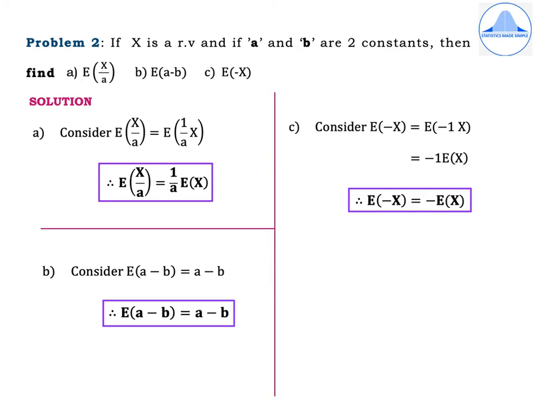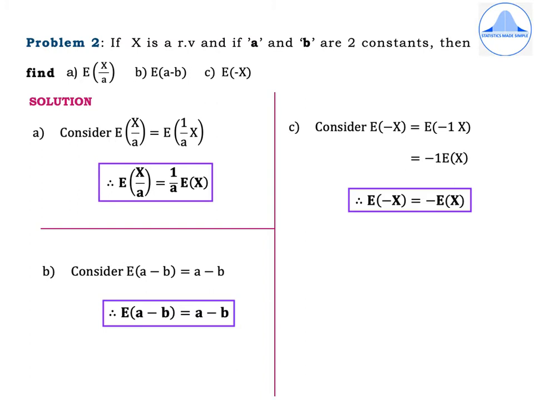We know that E of aX is a E of X. So E of X by a should be written as E of 1 by a into X. When we write it in this form, it is similar to E of aX, for which the result is a E of X. Therefore, E of X by a is equal to 1 by a E of X. So you are using result 2 to get this answer.